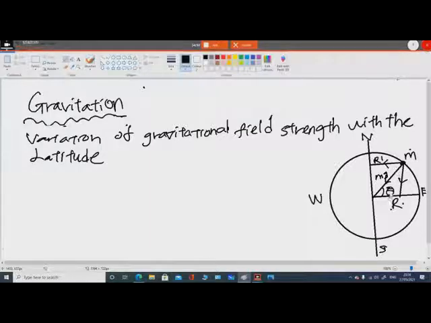We know that this line and these two lines are parallel, so this makes an alternate angle between these two lines. So the angle here is the same as the angle here.